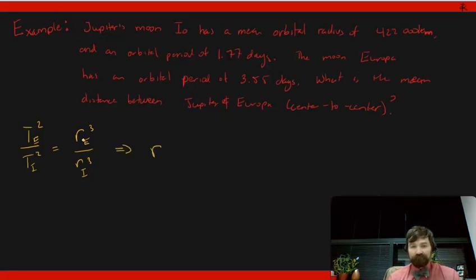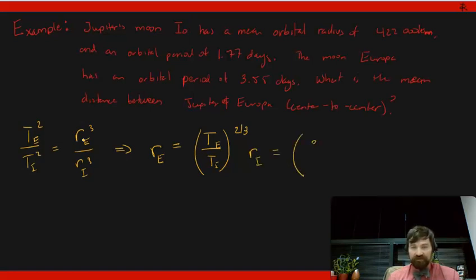And so the mean orbital radius should look like the ratio of these two periods, T Europa over T Io, to the 2/3 power times the orbital radius for Io.